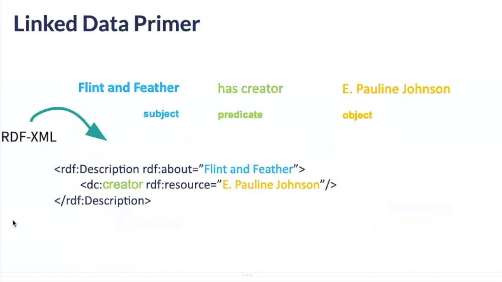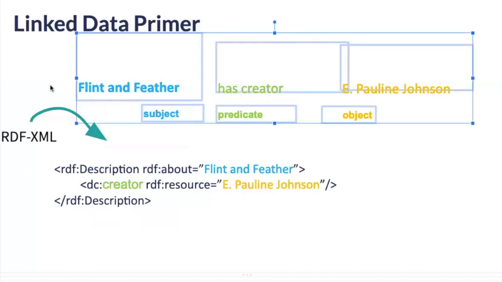Now, what does that look like under the hood? We'll talk about the idea of serialization next week, if it's familiar to other folks. But here's one way of representing the natural language triple that we have above. Flint and Feather has creator E. Pauline Johnson.